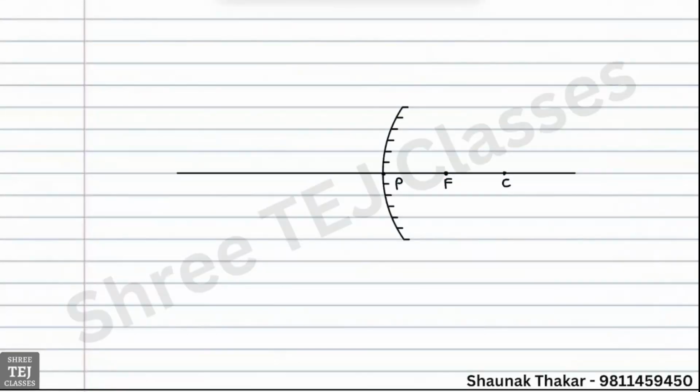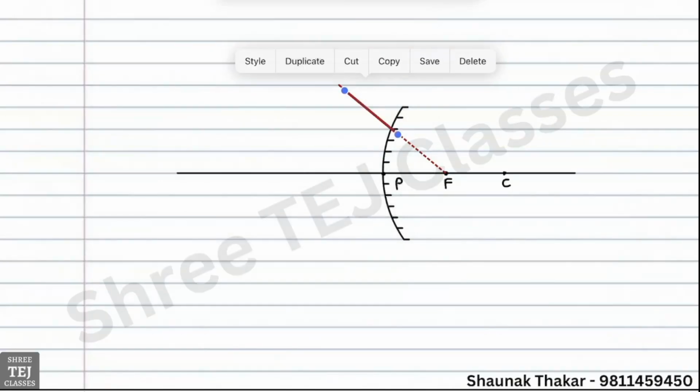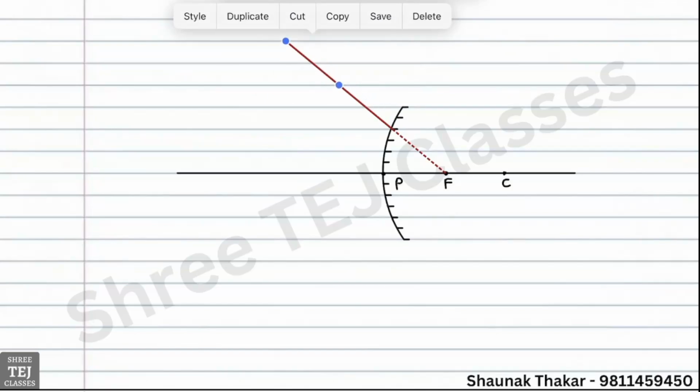Now for rule 2, the incident ray for concave mirror was passing through focus, as we cannot have that in this example because focus is behind the mirror. We will have incident ray directed towards the focus. So to show that incident ray is directed towards the focus, incident ray directed towards the focus.